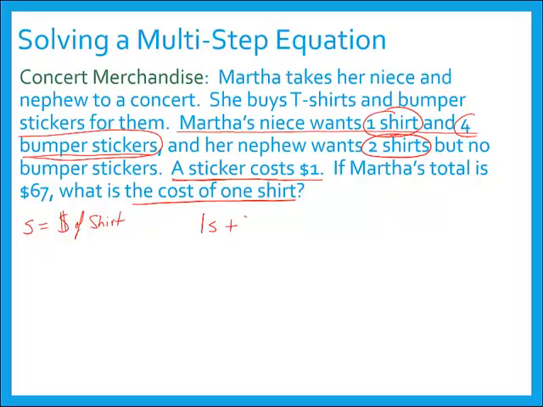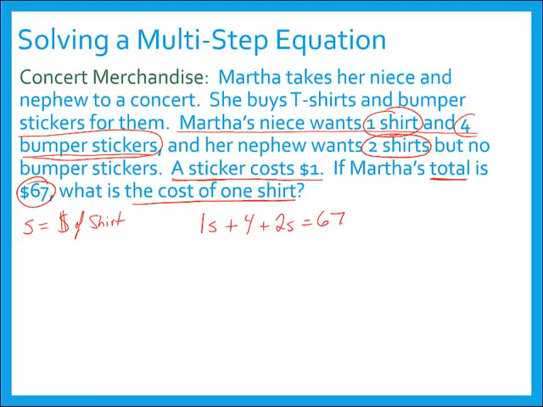So we're just going to add that 4. And then she also bought 2 shirts, so we're going to add 2s. And in total, the total is $67, so that's going to equal 67. Okay, so now that's our equation, and we need to solve for s.